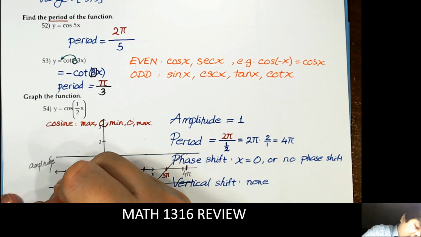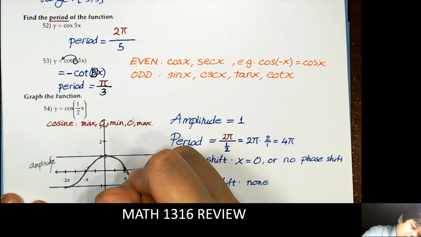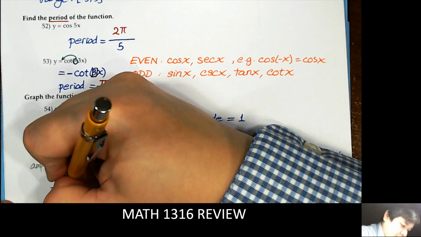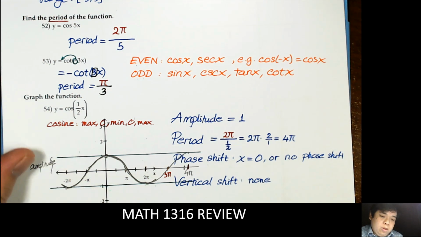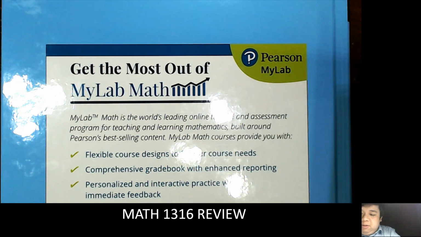So we have the graph, like that. Right. So when we graph the trig function, we just need to identify all of this, and then we can graph.